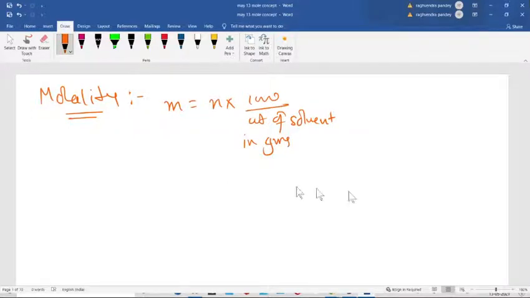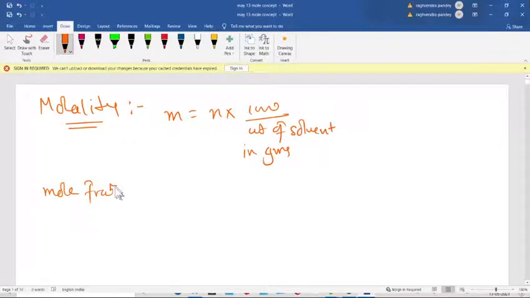Now, if you look into this and we suppose we want to insert the mole fraction. Okay, mole fraction. What happened is, mole fraction. Now, mole fraction I am representing by mf, that is your mole fraction.